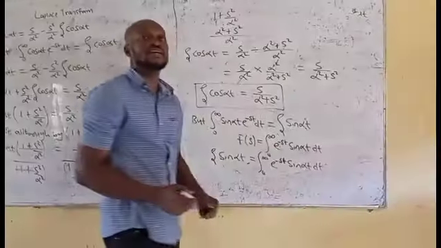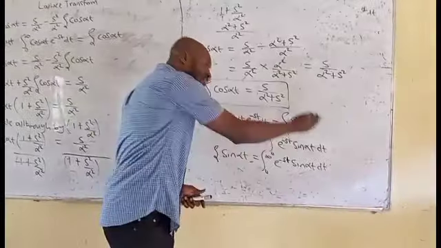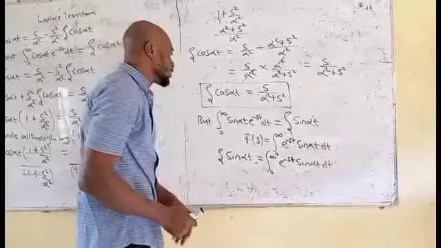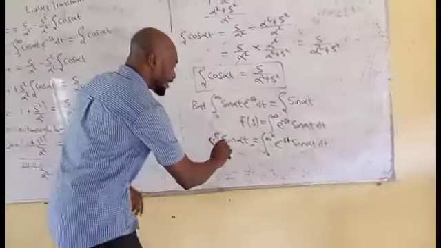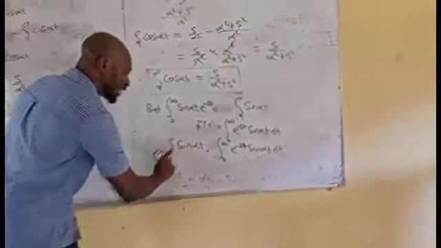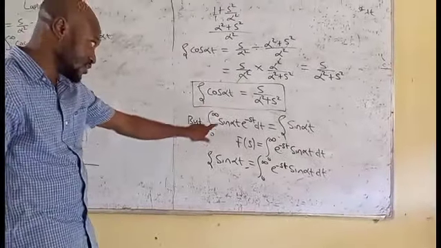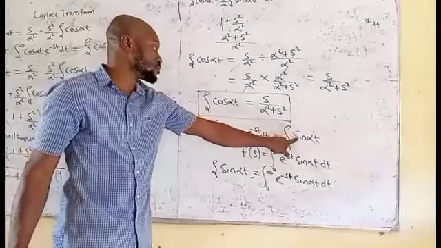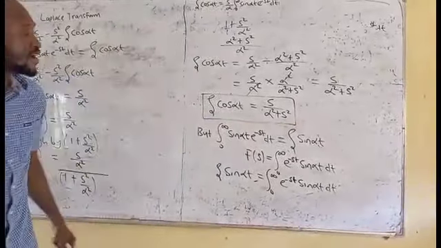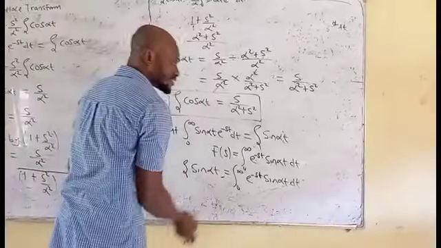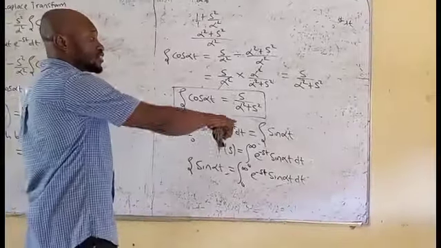For you to integrate this one, you will still make use of integration by parts. So we know that the Laplace transformation of this will give you this, and that's the reason I say this is equal to the Laplace transformation of sine wt. So from here, since I've gotten my Laplace transformation of cos alpha t, I can get my Laplace transform of what?